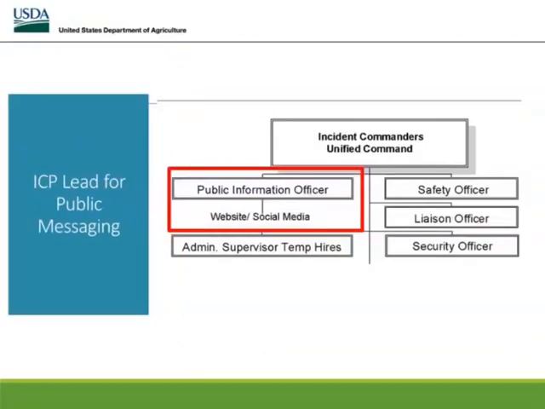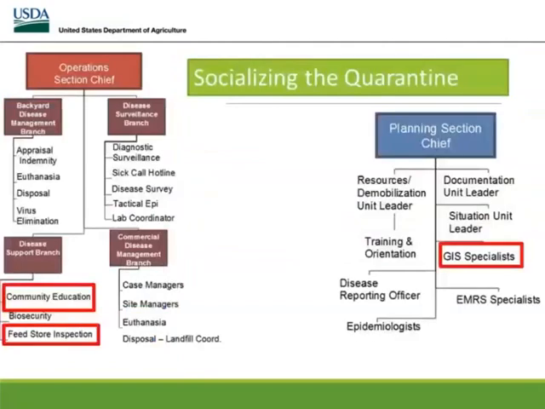So again, this is where we locate our public information and website and social media. These people are also critical in socializing the quarantine. You can see community education personnel and feed store inspection people. At some points during the incident, the community education piece was under our liaison officer.